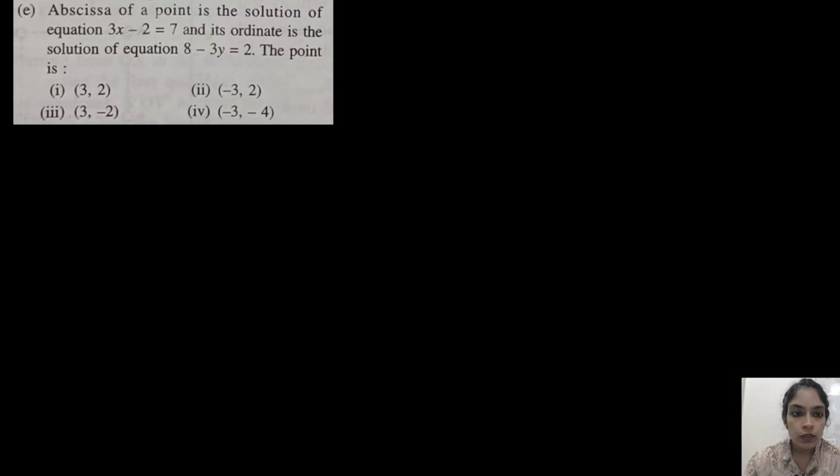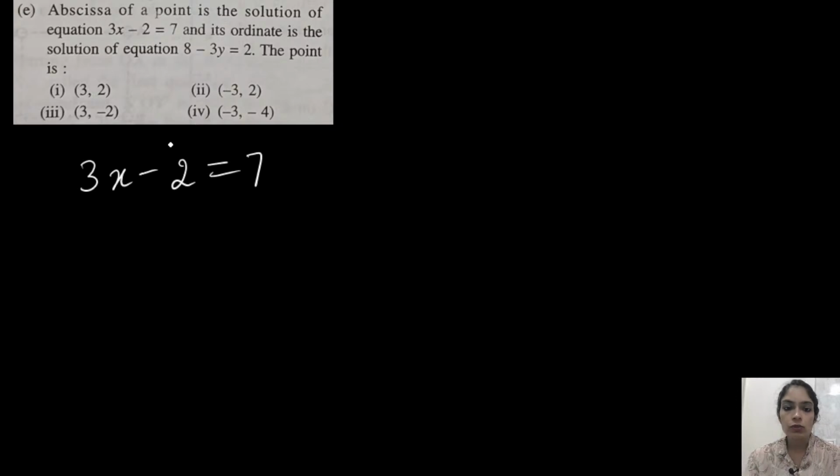Next question. The abscissa of a point is the solution of this one. I have told you, abscissa means x coordinate. One equation is there, 3x minus 2 is equal to 7. They are telling us the abscissa of a point is a solution of this equation.